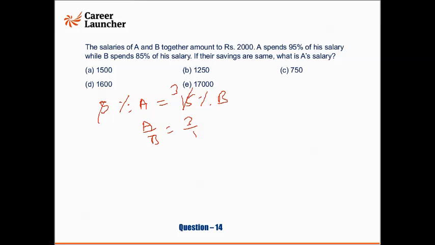That is 3 plus 1 equal to 4. If you add both these salaries, you will get 4, which is equivalent to 2000. Correct. Now you have to calculate A's salary, that is 3. So 1 is nothing but 500. So 3 is equivalent to 1500. So my answer will be A. So in this way we'll get A's salary. Correct? Okay.